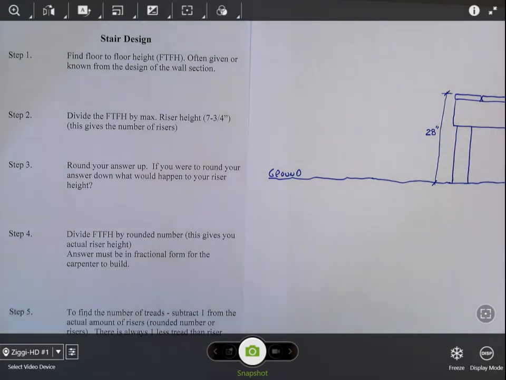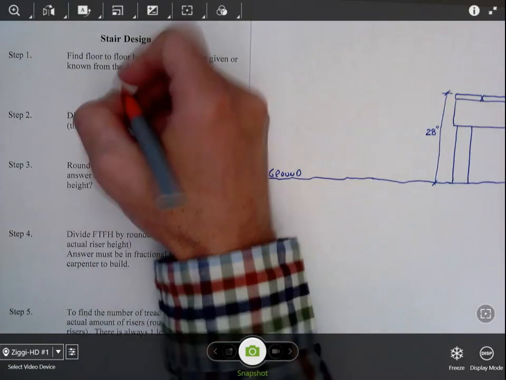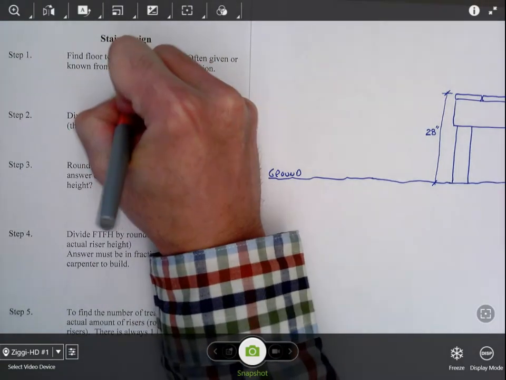So in this example we're going to design a set of stairs that will go from the ground to the deck level. Step one: find the floor-to-floor height, and that is 28 inches, and that's given. So we're just going to write that in here, 28 inches.